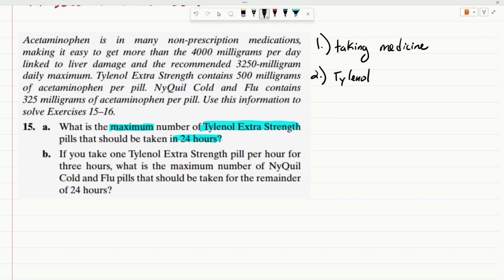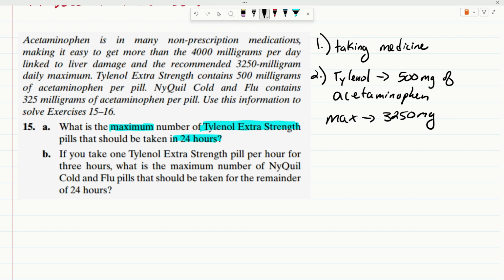We know Tylenol itself contains 500 milligrams of acetaminophen. We also know the max we are allowed is 3,250 milligrams. That's right here. Let me highlight it for you. The recommended daily max, 3,250.